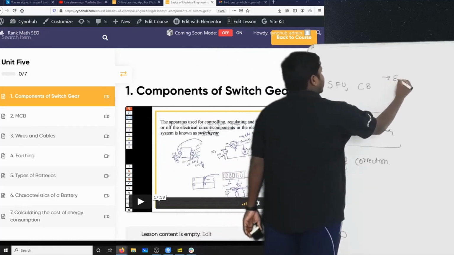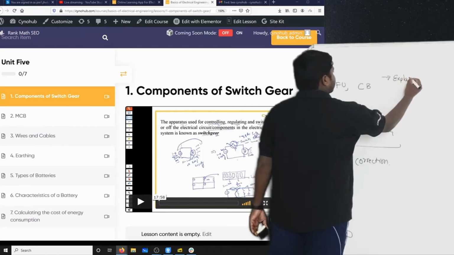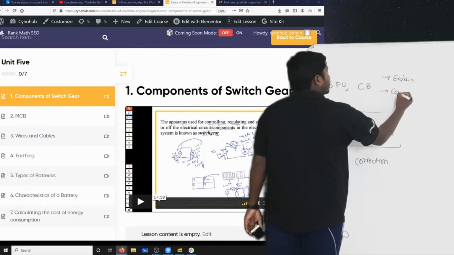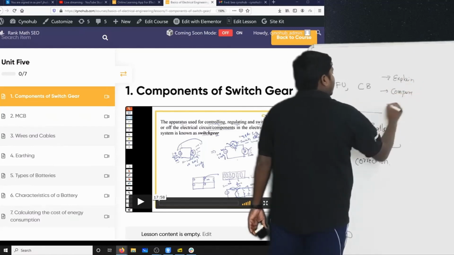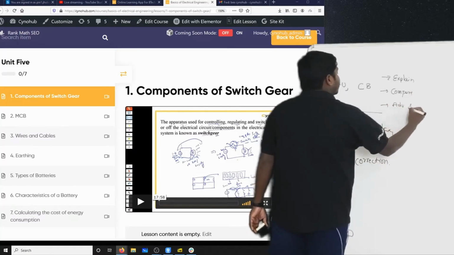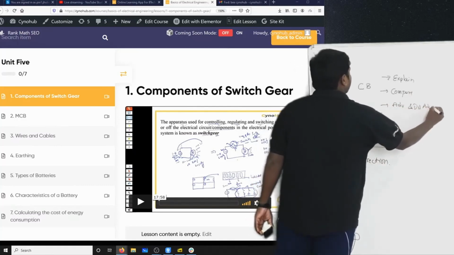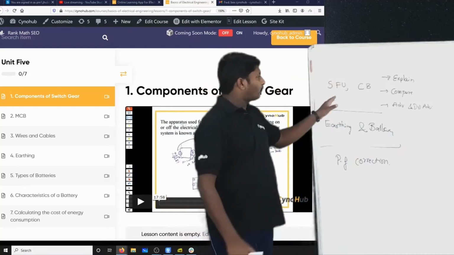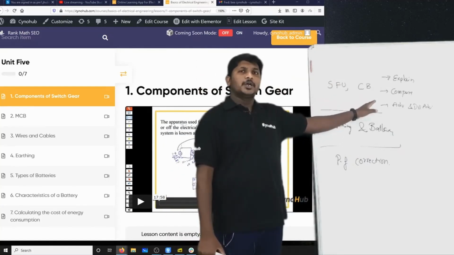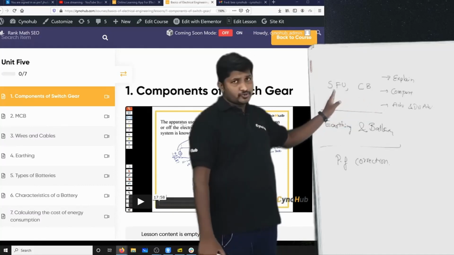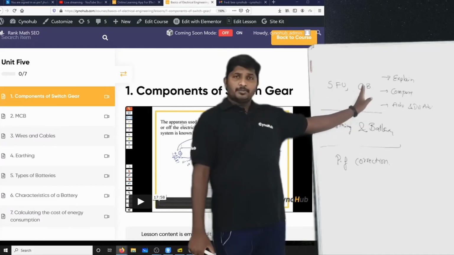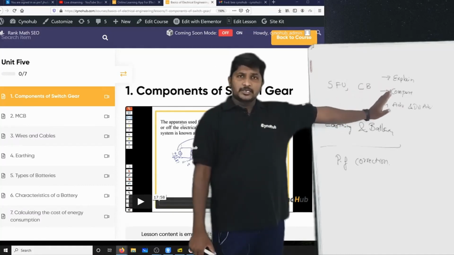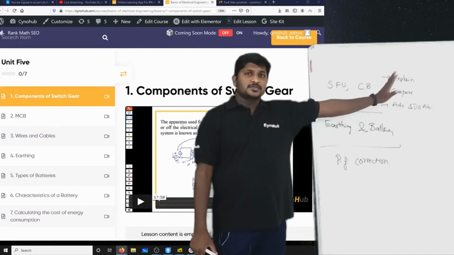One is explanation or explain. Another model is compare. Another one is advantages and disadvantages. Okay. Now you have 4 or 5 instruments: switch, fuse unit, circuit breaker, miniature circuit breaker, earth leakage circuit breaker, and also MCCB.